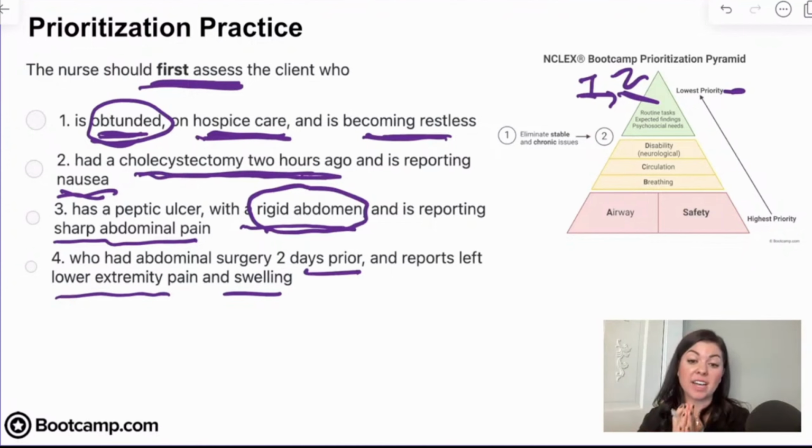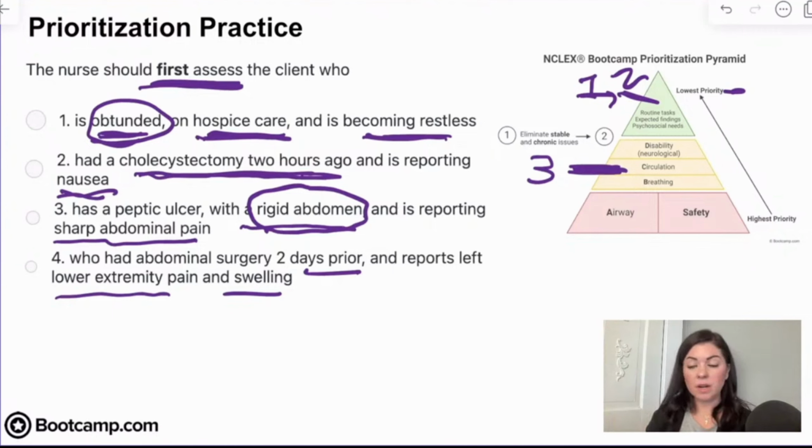And I see a lot of you guys saying rupture, shock, septic shock, and y'all are 100% right. If you leave it untreated, you can anticipate that soon you're going to start seeing signs of shock, such as tachycardia, hypotension, pallor. They might become diaphoretic. And this is a life-threatening emergency. So that is certainly going to be a circulatory issue. Option 3 is circulatory, so it's much higher priority on our pyramid here.